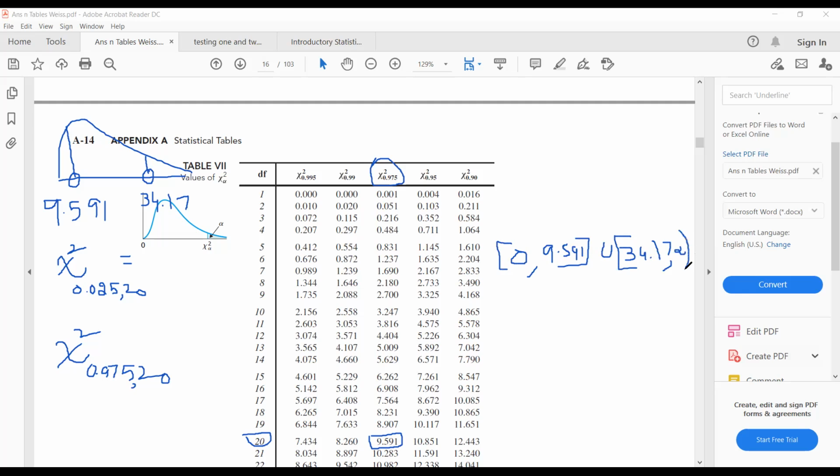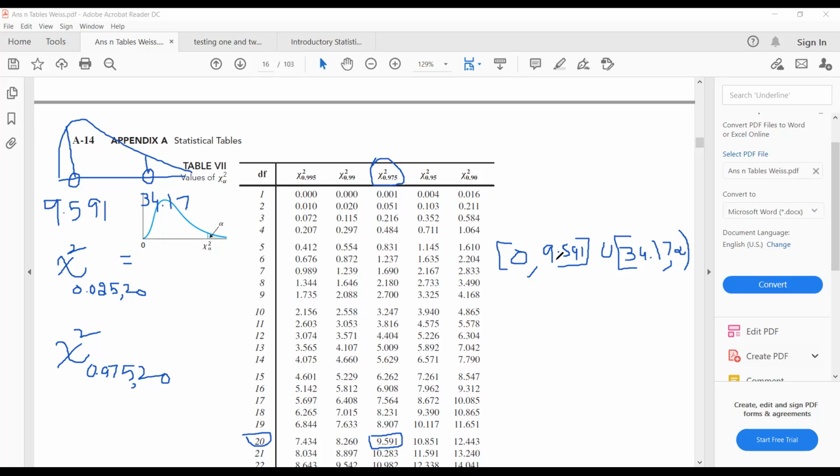This region is referred to as the critical region. The critical region will be used if the observed value of chi-square test falls in any of these intervals, either in the left interval or in the right interval, we will reject the null hypothesis.